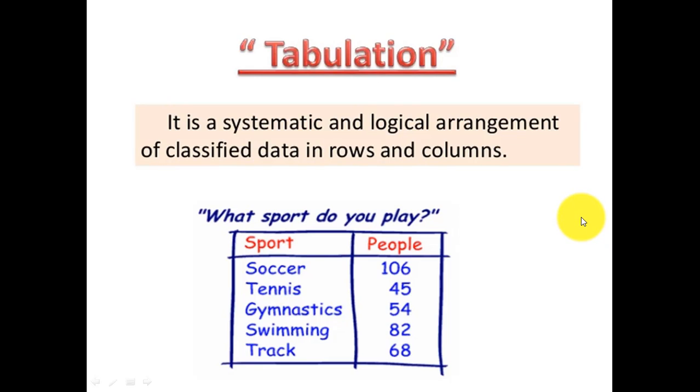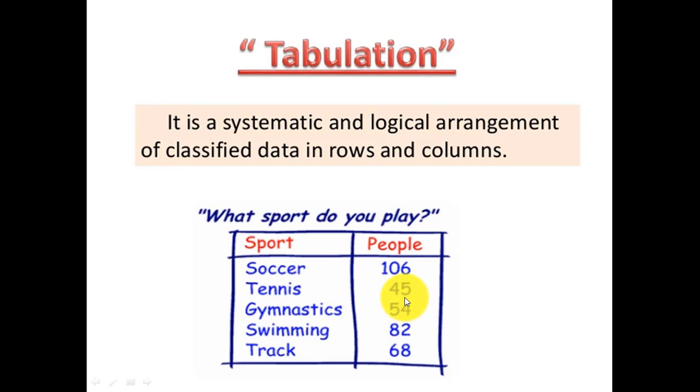Let us understand this concept with an example. What sports do you play? Sports include soccer, tennis, gymnastics, swimming, track. How many people? Soccer 106 people, tennis 45, gymnastics 54, swimming 82, track 68.